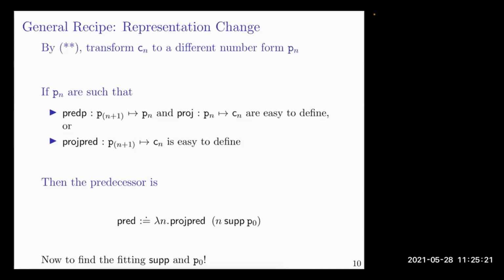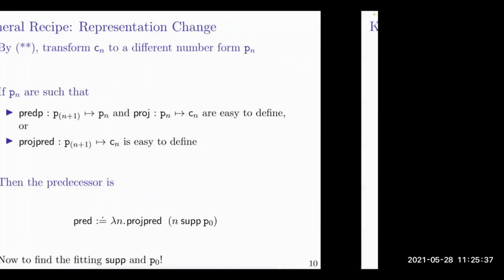We convert the n church numeral to a P number, and then from that number we project the previous Cn. So now the task is to find suitable sup and P0.